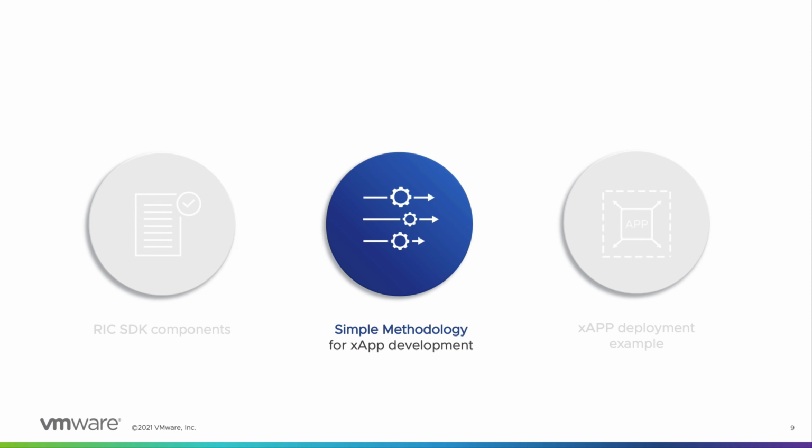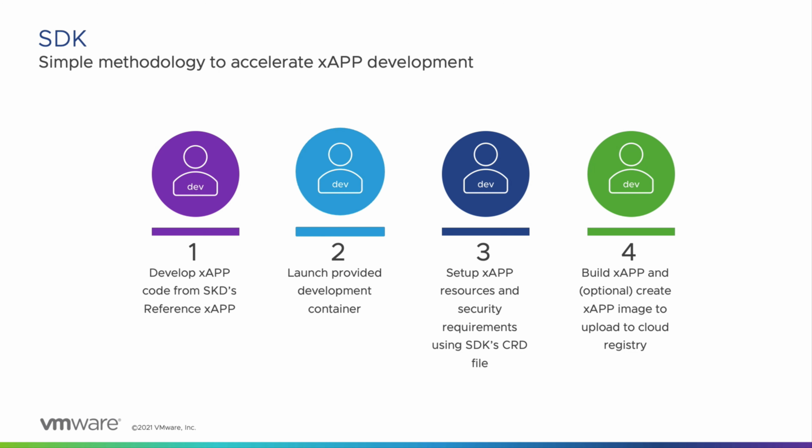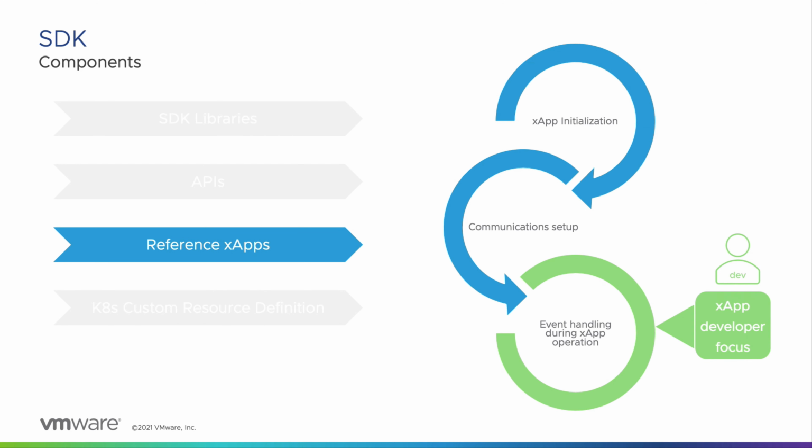In this next section, VMware proposes a very simple methodology, powered by the SDK, that can accelerate the development and onboarding of an xApp. The starting point is the modification of the reference xApp provided with the SDK. This reference xApp has been designed to facilitate the communication between the xApp and the surrounding environment.